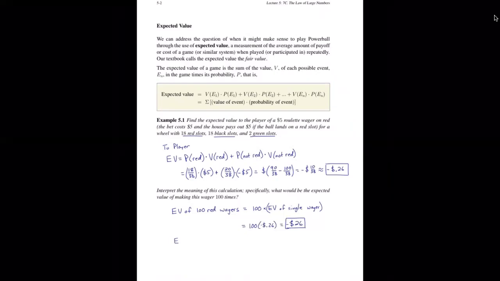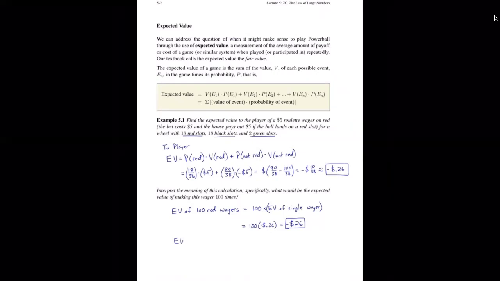Again, that $26 is problematic. It's problematic because how are you down exactly $26 on $5 bets? It's not possible, but we can be close. Negative $25 seems like it might be pretty close.